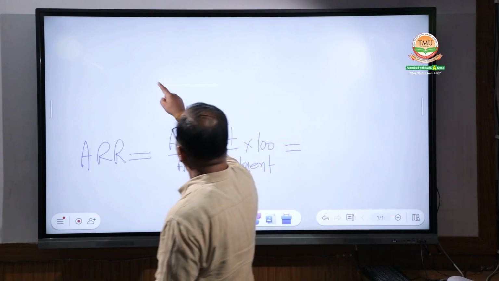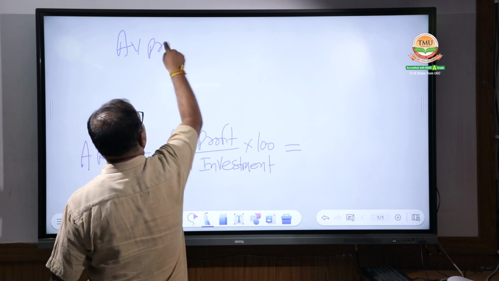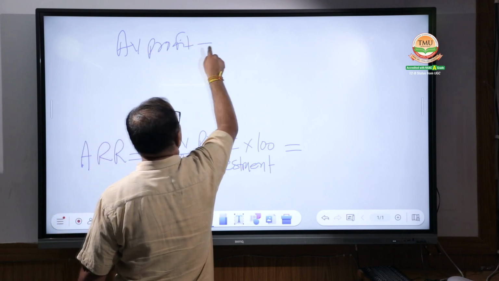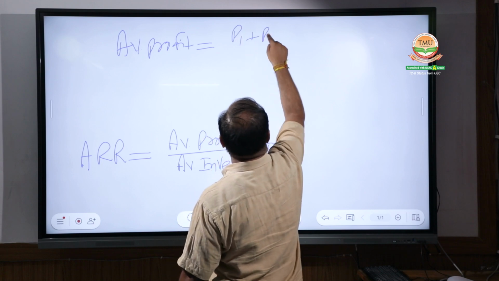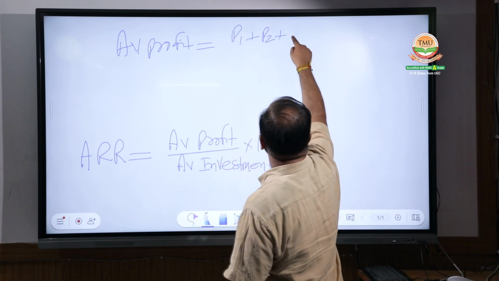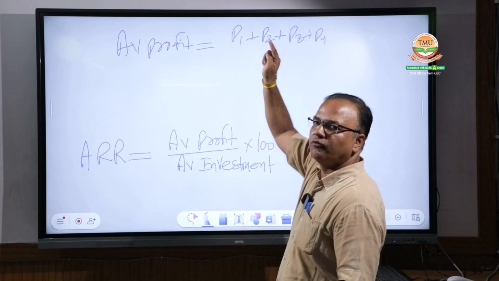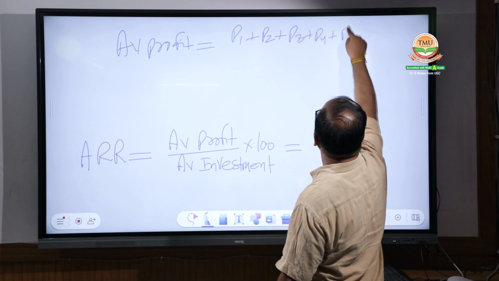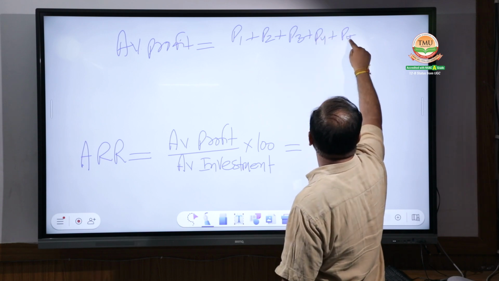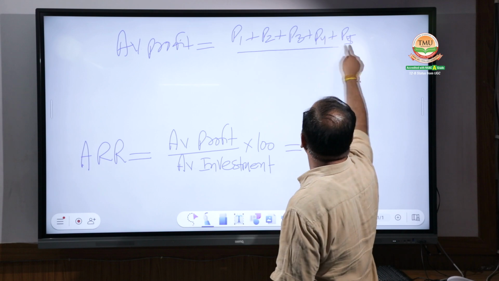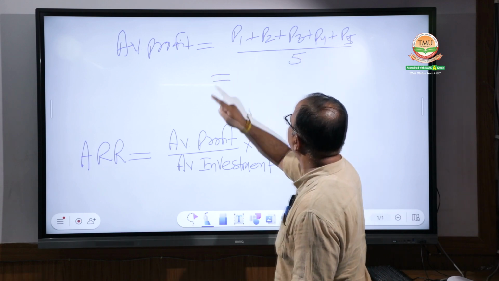It means average profit is equal to profit of first year, second year, third year, fourth year, plus fifth year, divided by 5.